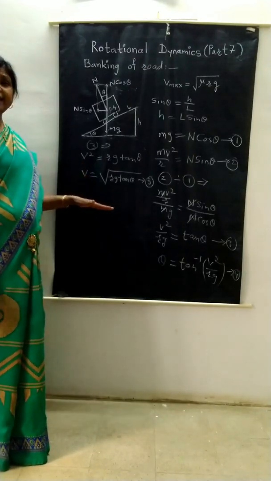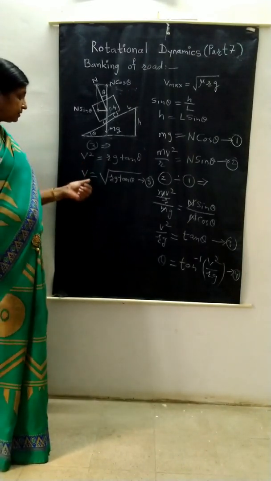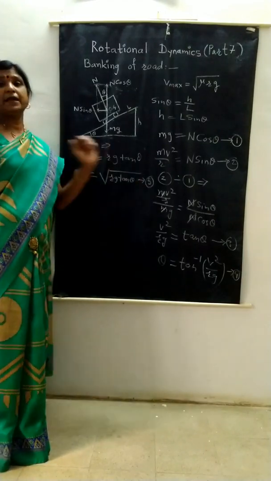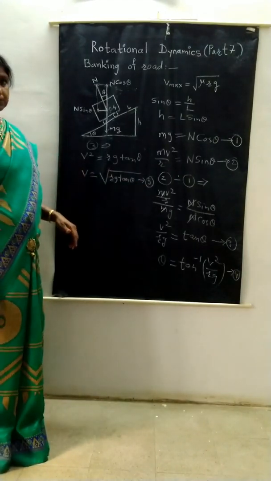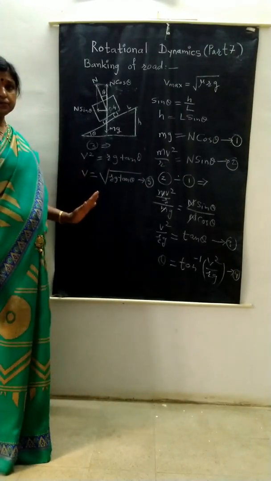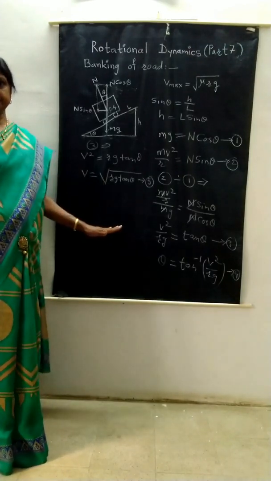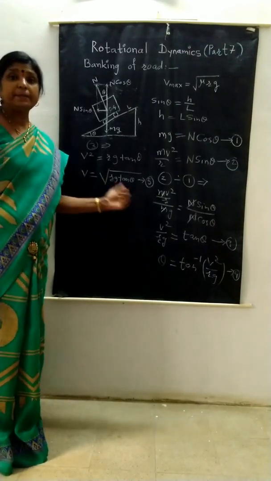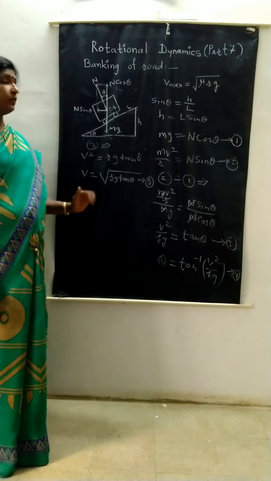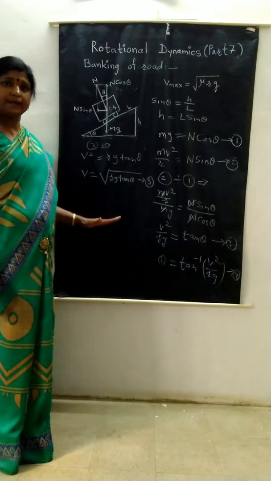We cannot always drive with the exact speed given by equation number 5. Therefore, what is the lower limit? What is the upper limit of the speed? This we are going to calculate right now.